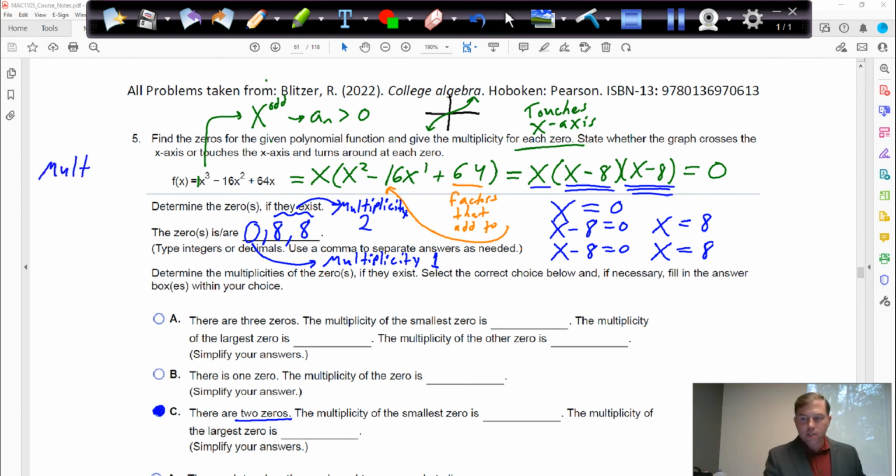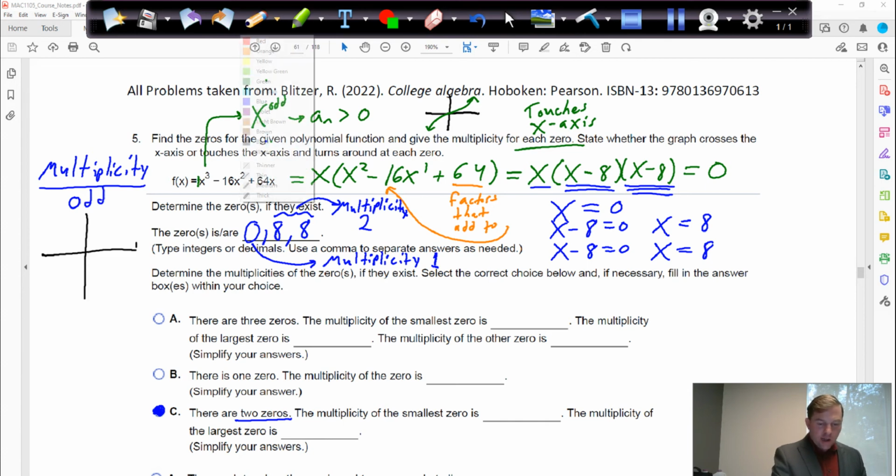If your multiplicity has two options, it can be odd or even. If it's odd, the graph at that 0, so let's say the 0 is right here, the graph will cross at that point. So for odd multiplicities, the graph crosses the x-axis.